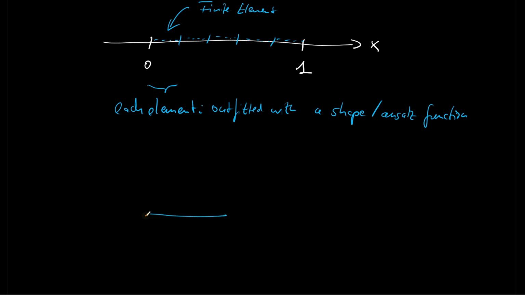We have one linear function which goes like this, and it is 0 on the left end. So this here it is 0, and it is a 1 on this right end. And then we have another Ansatz function or shape function which is going to look something like this, and so they cross in the center, you could say, and this one is going to be 1 on the left end and 0 on the right end.